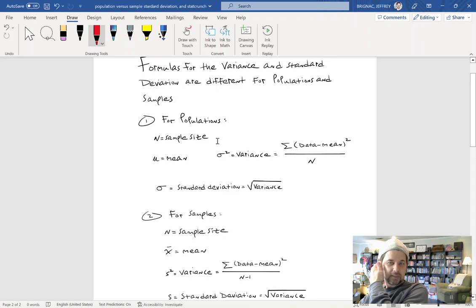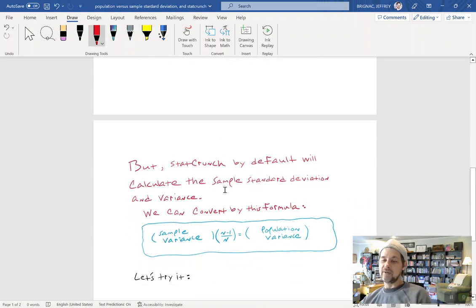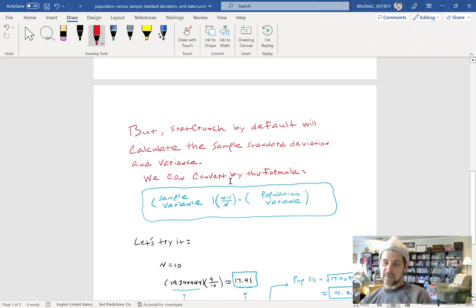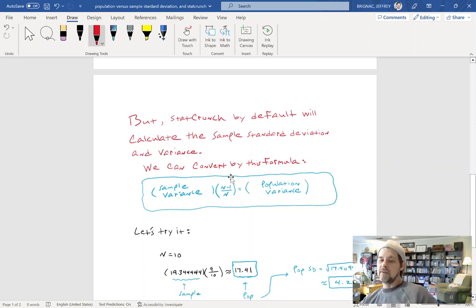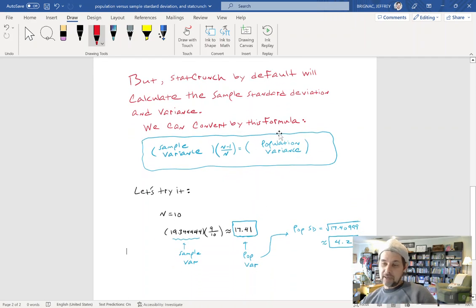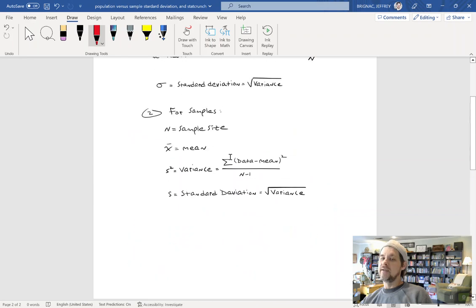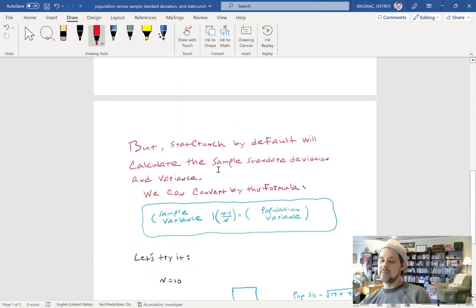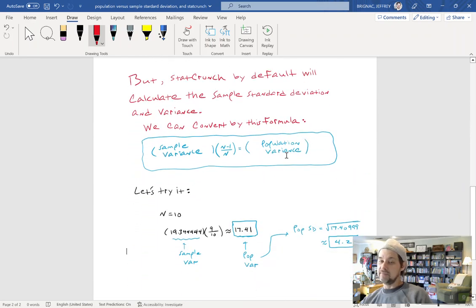So if you wanted the population variance or standard deviation, StatCrunch does not produce that. But we can convert by this formula. You can take the sample variance or standard deviation, which StatCrunch will give you, multiply by n minus 1 over n, where n is the sample size, and you'll get the population variance or standard deviation.